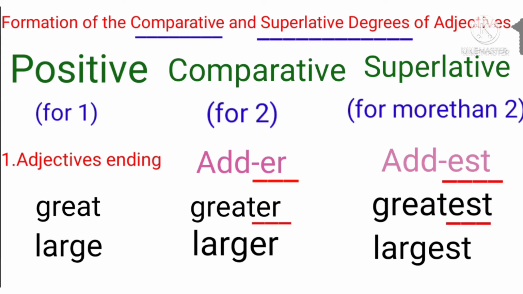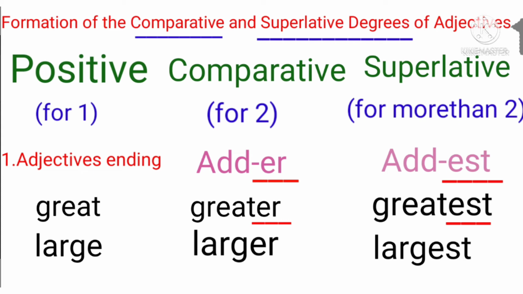We understood where we have to use comparative degree and where we have to use superlative degree. So first of all, for one thing, when there is no comparison, how do you write it?